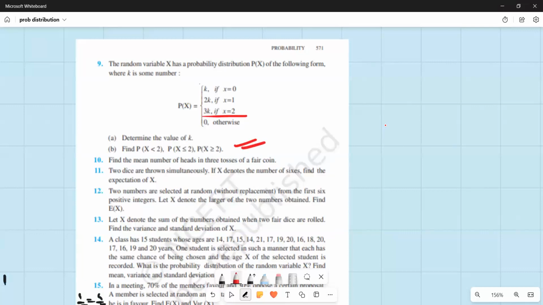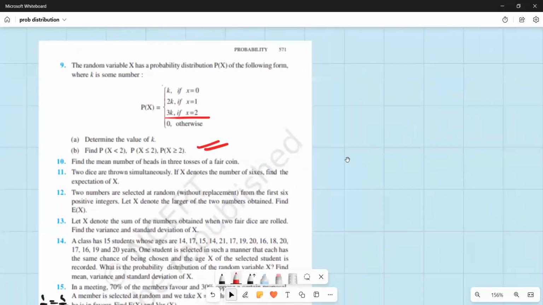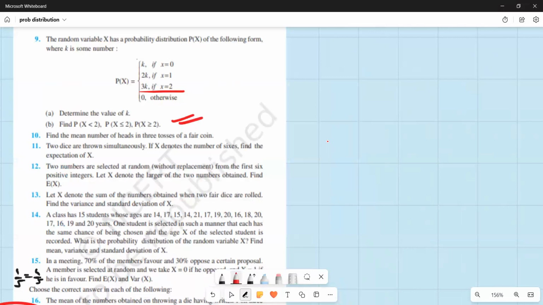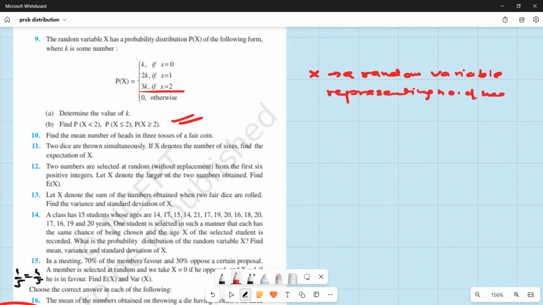Please try by yourself. Then find the mean number of heads in 3 tosses of a fair coin. So let x be a random variable representing number of heads. So this will be x 0, 1, 2, and 3.